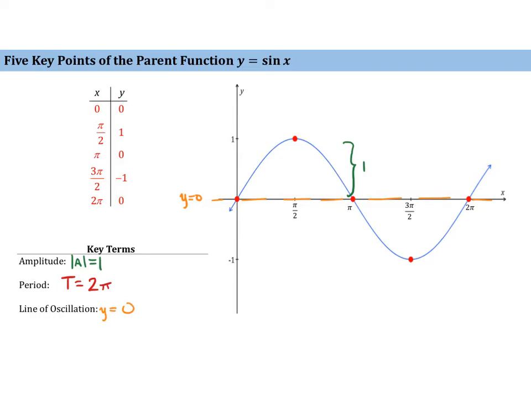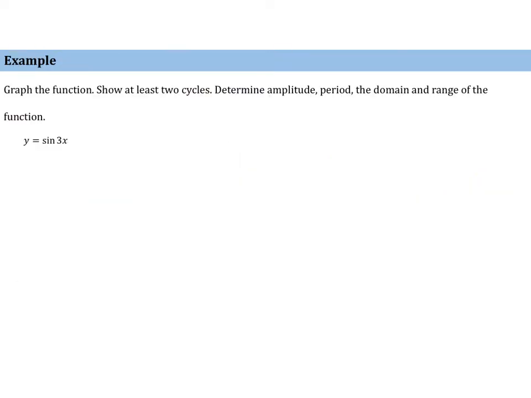So we can use our transformations to change how this graph looks. So whether it be a shift horizontally, a shift vertically, or our stretches or compressions vertically or horizontally, or reflections, so on and so forth. So as we look at y equals sine of 3x, notice that this 3 is a change on the input and it's a multiplication.